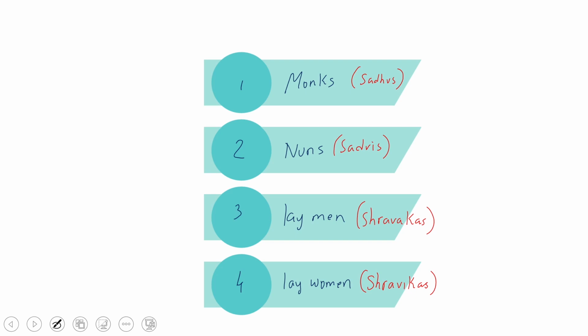Okay, so when it comes to the monks, first and foremost they were male ascetics who had given up everything, renounced worldly attachments, and they were living a life of strict discipline.